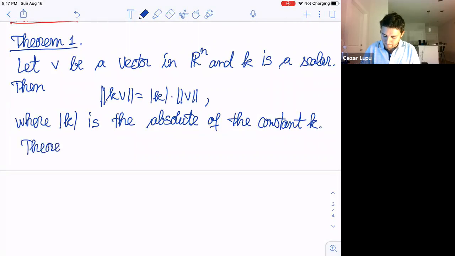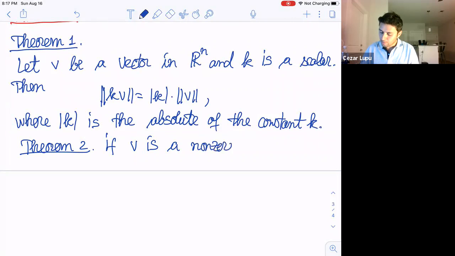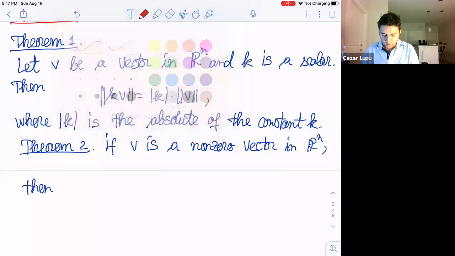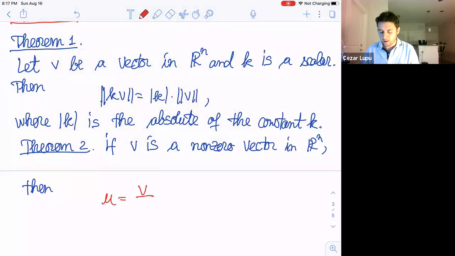Theorem 2 says that if v is a non-zero vector in Rn, then, let me write it in this way, let's call this u, which will be v divided by its magnitude, or its norm.